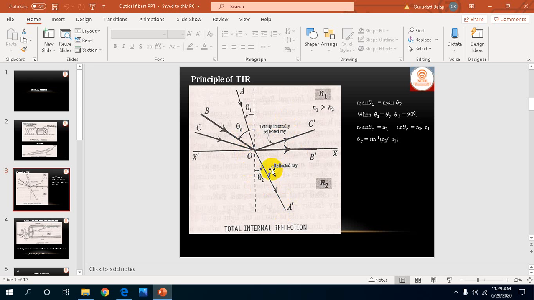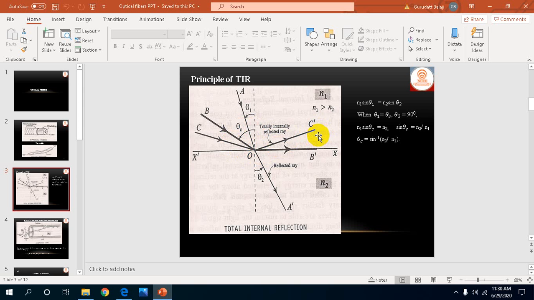Theta 2, the angle made by the refracted ray with the normal, is greater than theta 1. If theta 1 is increased until the angle of incidence is equal to the critical angle, then the refracted ray grazes along the boundary. If the angle of incidence is greater than the critical angle, then the entire ray is reflected back into the same medium.